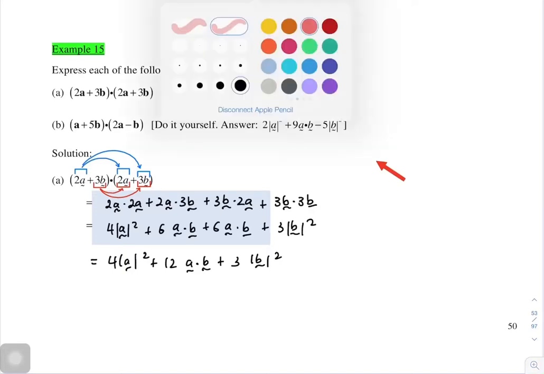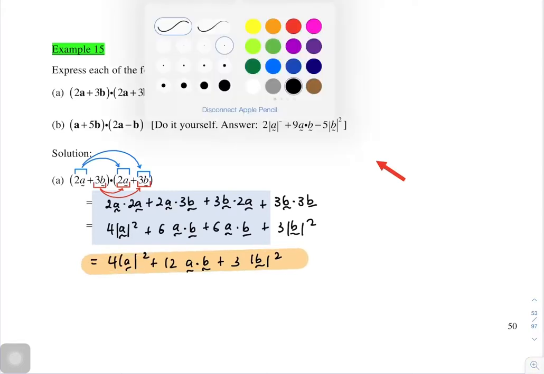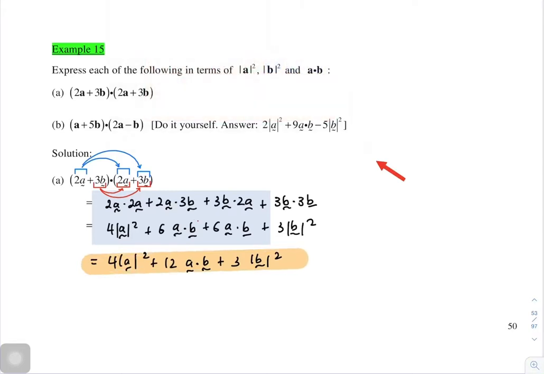So that will be our final answer. Do take note that a dot b is actually initially b dot a, but because we know that dot product is commutative, it is equivalent to a dot b.